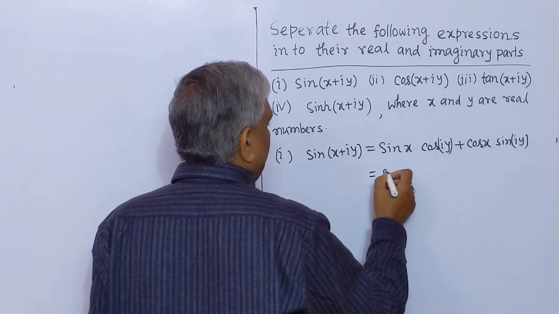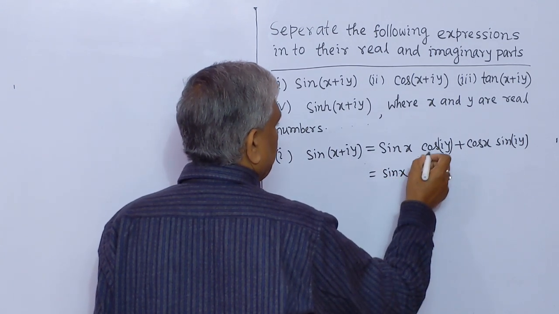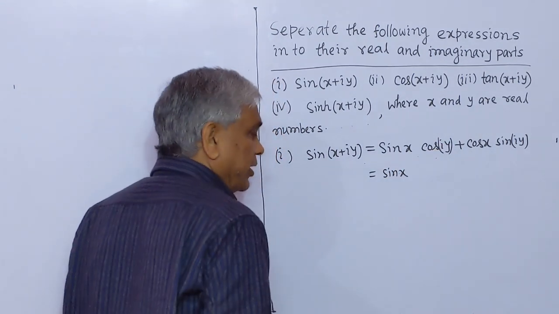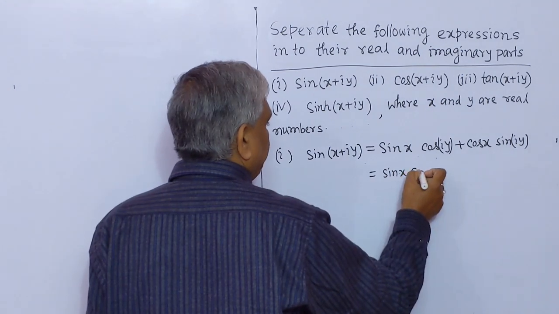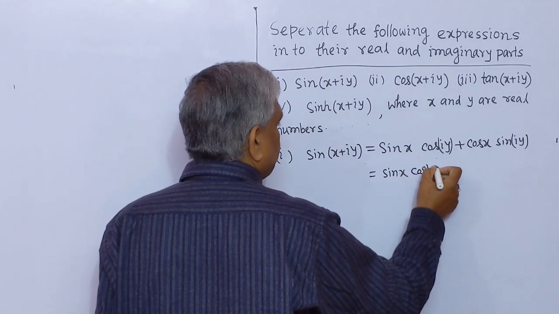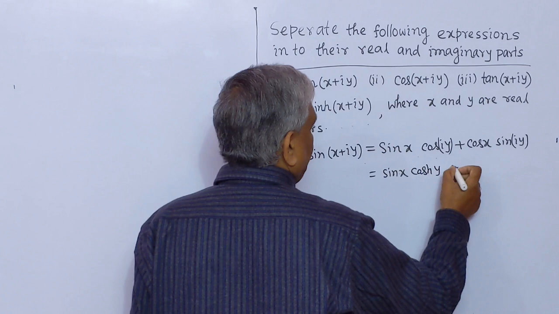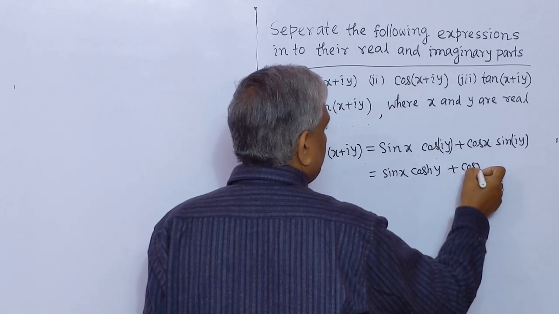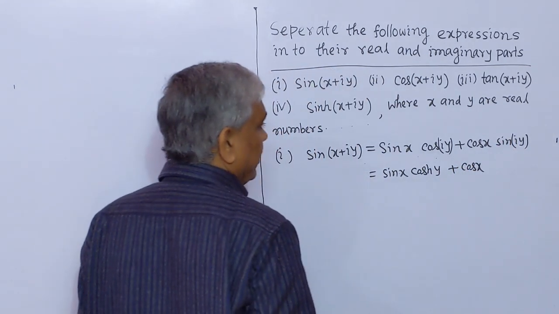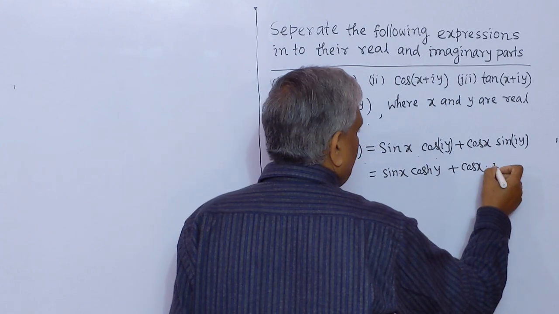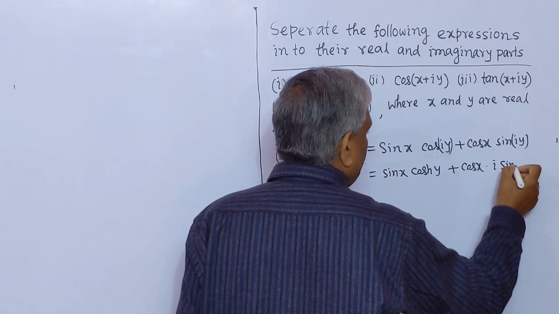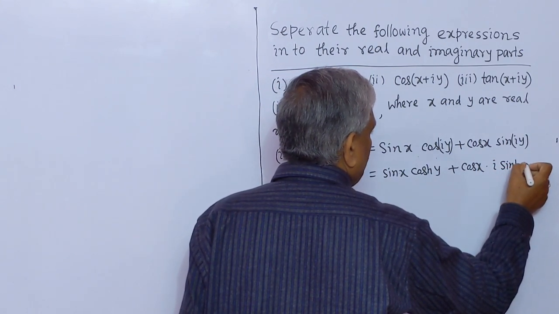This is equal to sin x, cos iy is hyperbolic cosh y, plus cos x, sin iy is i sinh y.